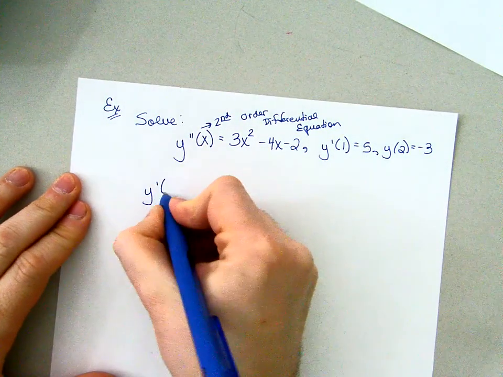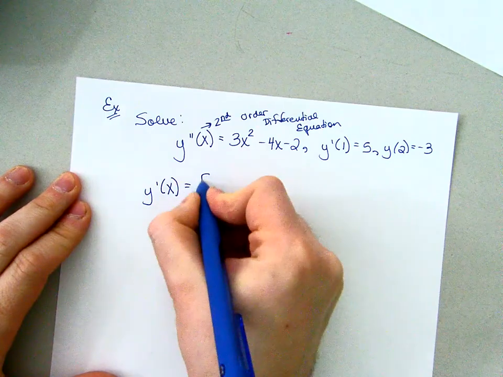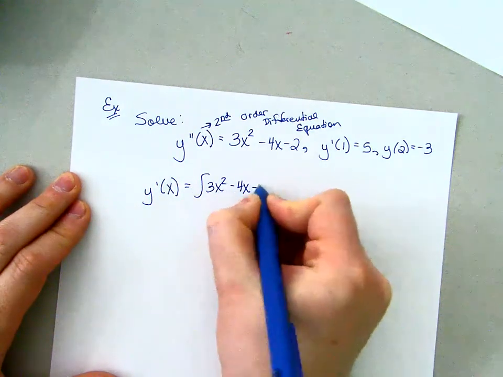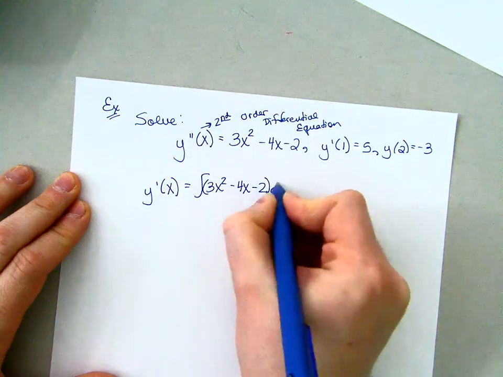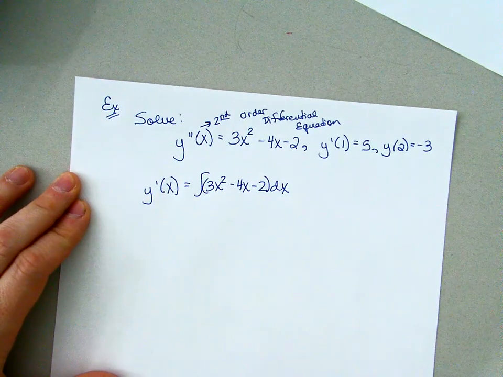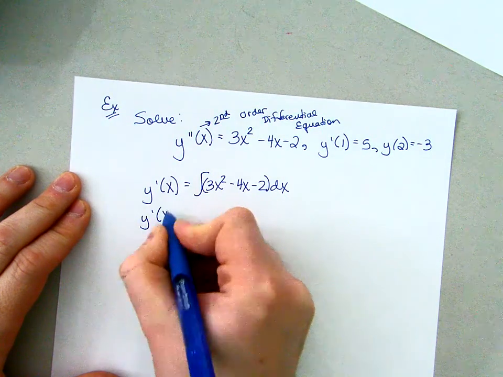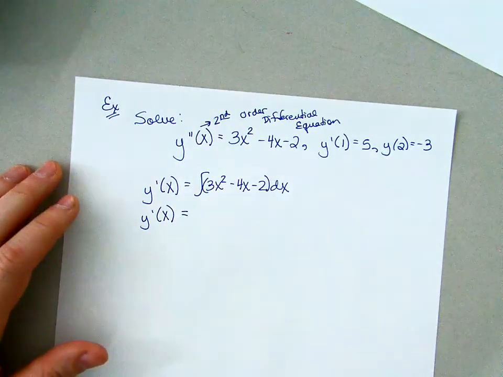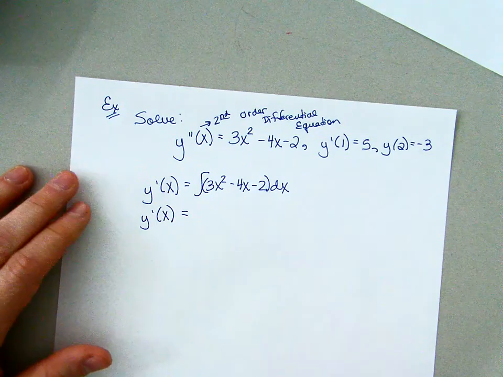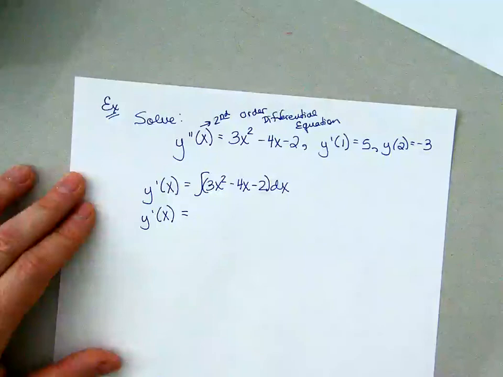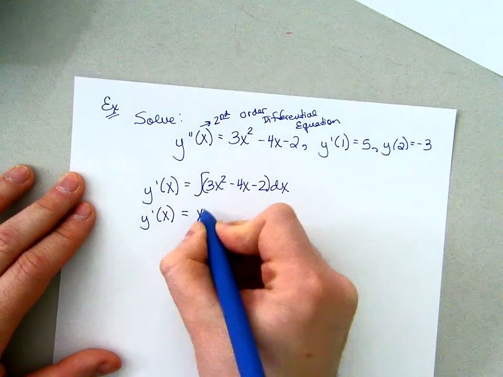The first derivative is just going to equal the integral of 3x squared minus 4x minus 2 dx. Let's do this part together. y prime of x is going to equal... What's the integral of 3x squared? 3x cubed over 3, so just x cubed.